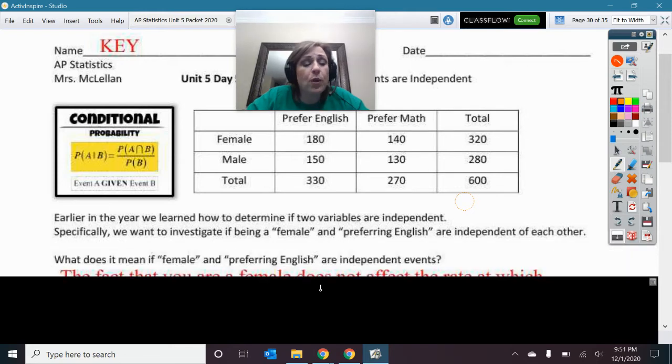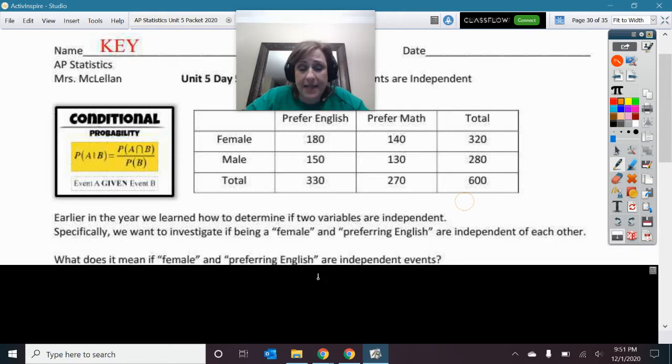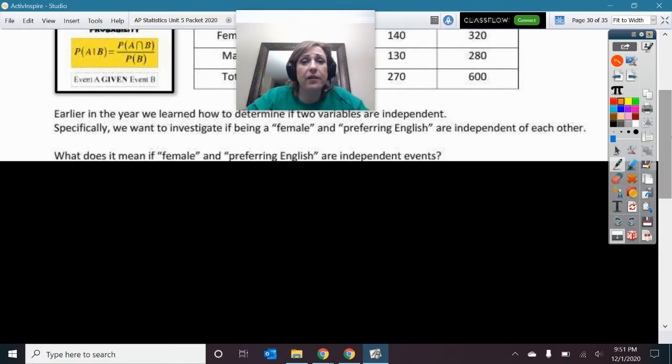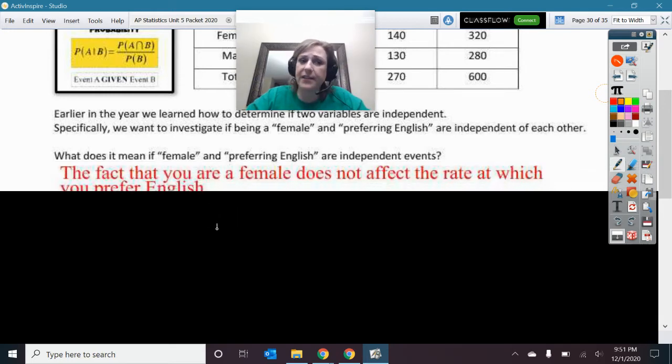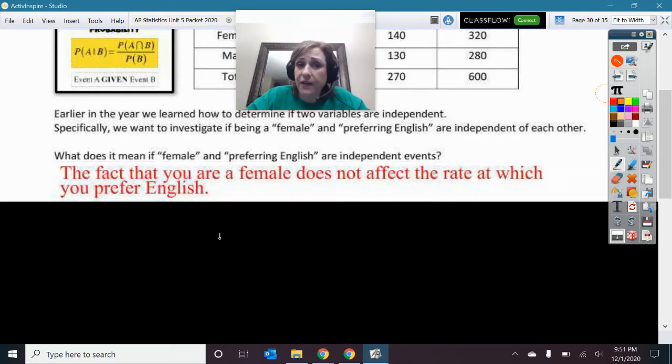So what does that mean if female and preferring English as your favorite subject are independent? Well, hopefully, we've done this enough where we know the fact that you are one thing does not change the rate. So the fact that you are female does not affect the rate at which you prefer English.